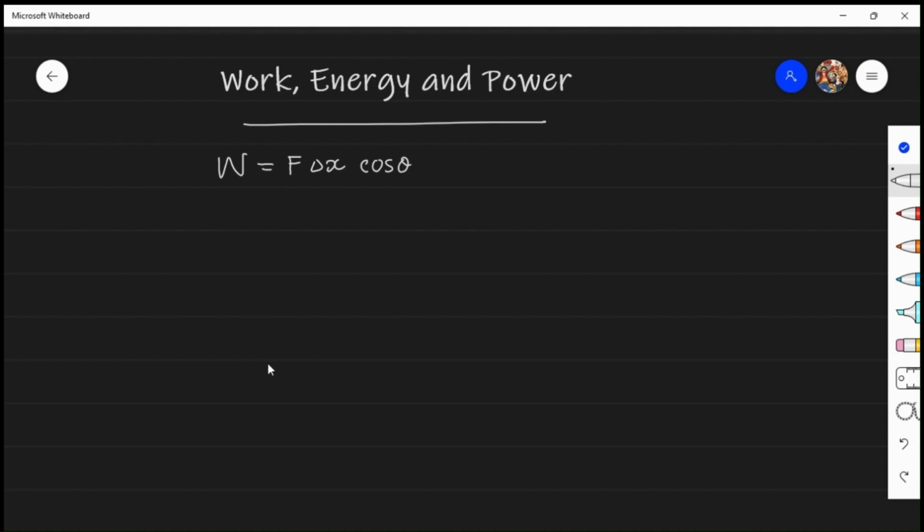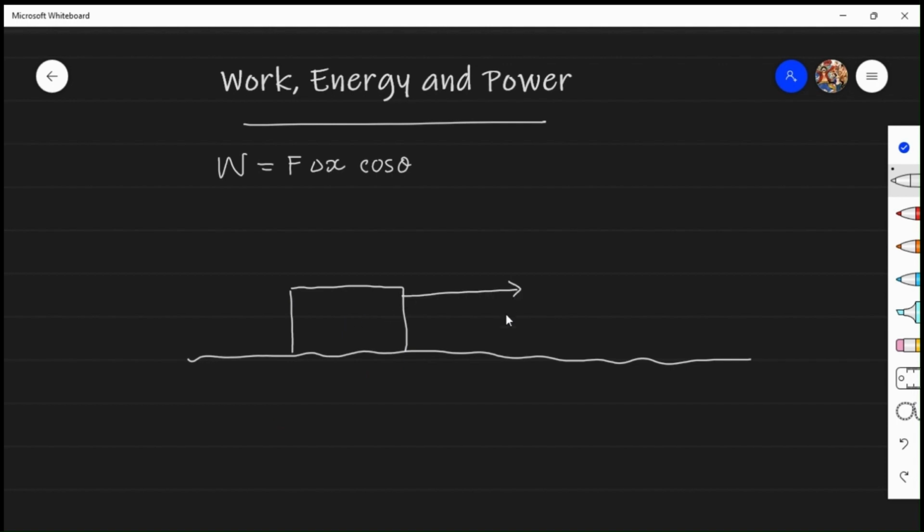So let's start with an example. We have this object on a rough horizontal plane, and let's say there is a 50 Newton applied force acting on this object. So someone is pulling or pushing this object towards the right.